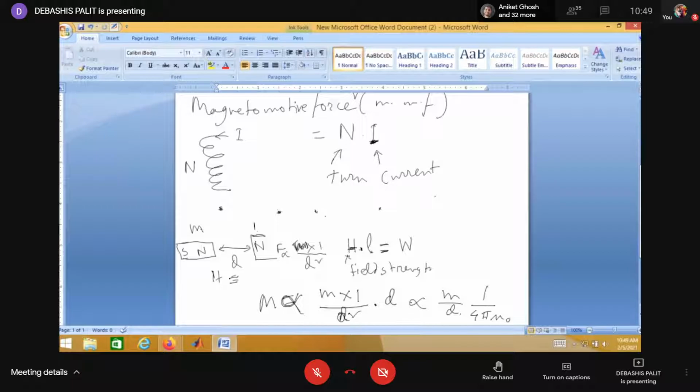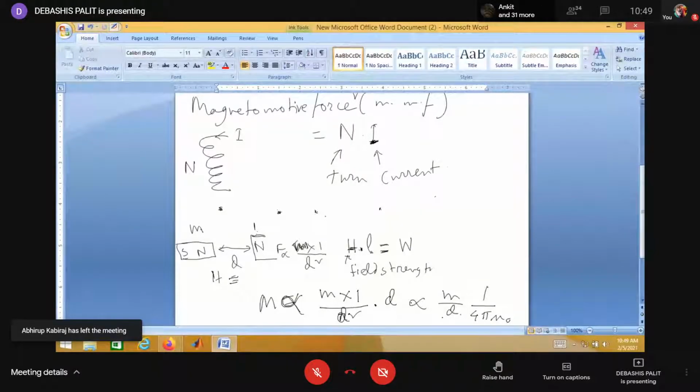So m by 4 pi mu 0 d is your magnetic potential. This magnetic potential is analogous to electric potential, and it will drive flux to a magnetic path.